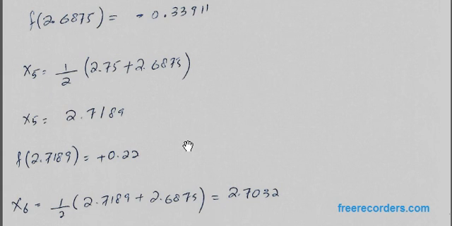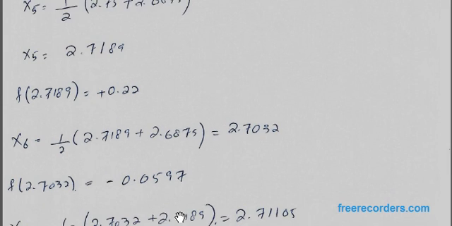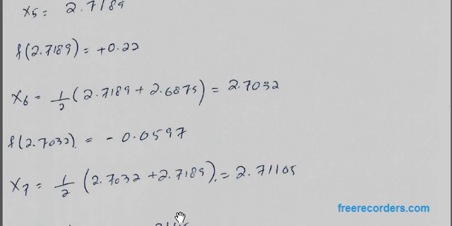So we try to go closer to 0, and we do one more iteration. x6 is equal to half times 2.7189 plus 2.6875, which is 2.7032, and at 2.7032 the function has a negative sign, but it is closer to 0. So we try one more iteration. We choose two values, at one the function has a negative sign and at the other a positive sign.